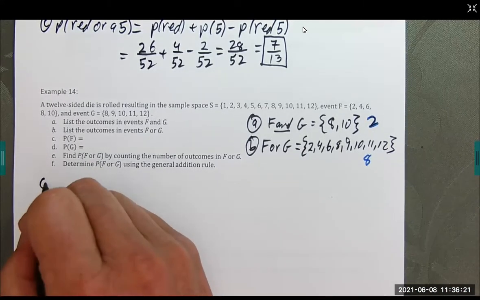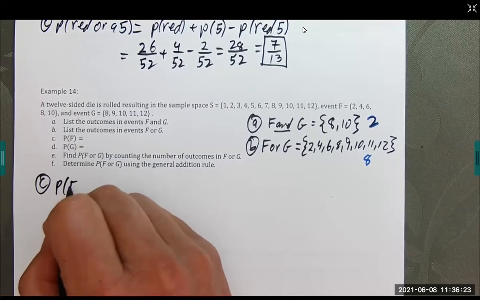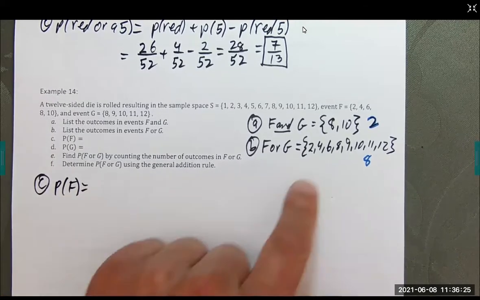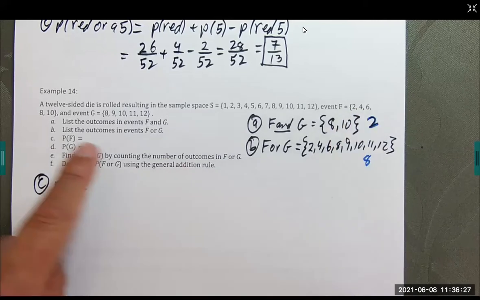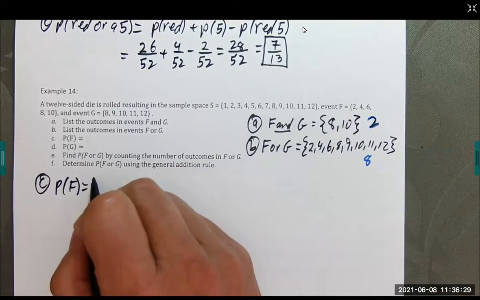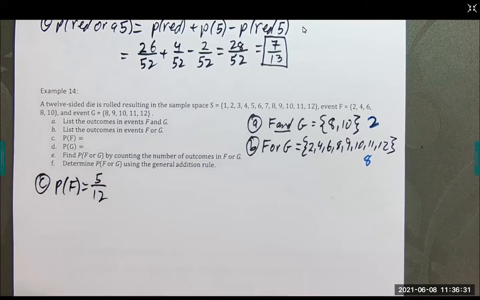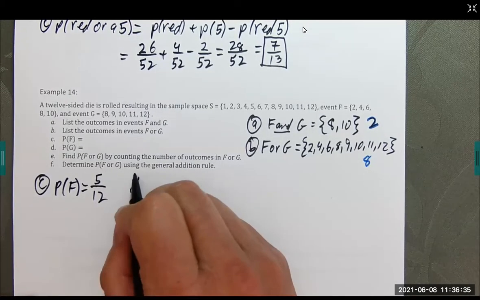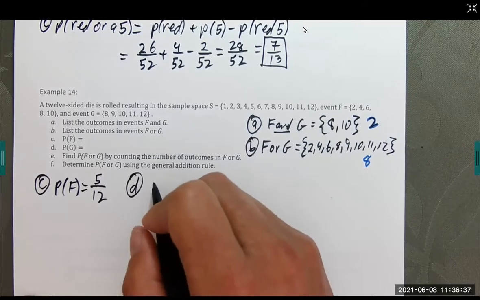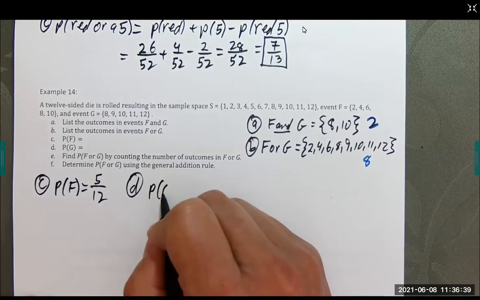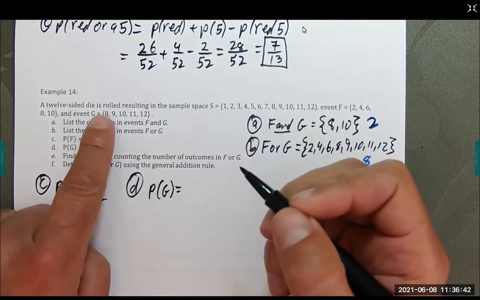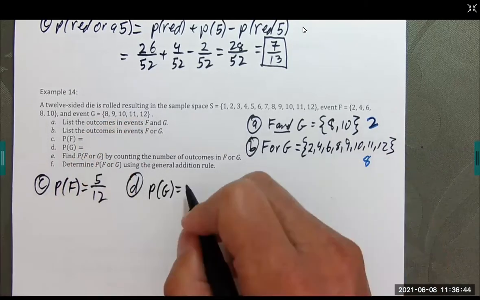Part C, the probability of event F happening. F, there's 1, 2, 3, 4, 5 out of the 12. Part D says the probability of event G. In event G, there's 1, 2, 3, 4, 5 out of 12.